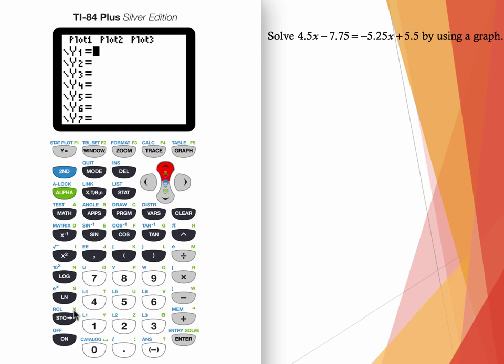The left-hand side of my equation is going to go into y1, and the right-hand side into y2. Make sure when you have a negative number like we do here that you use the negative sign and not the minus sign. If you use the minus sign, you're just going to get an error. Also, I didn't show you this before, but the x key is right here next to that green alpha.